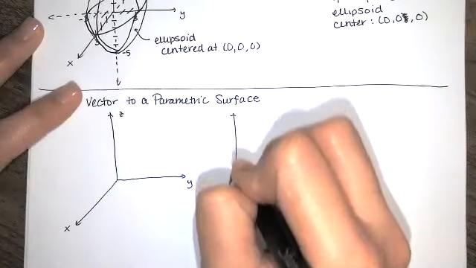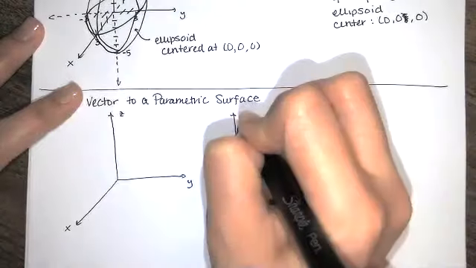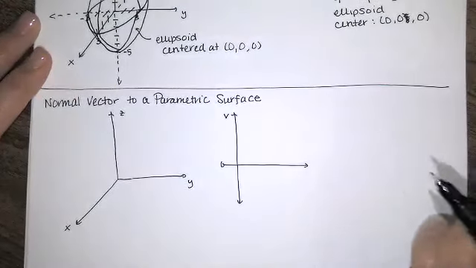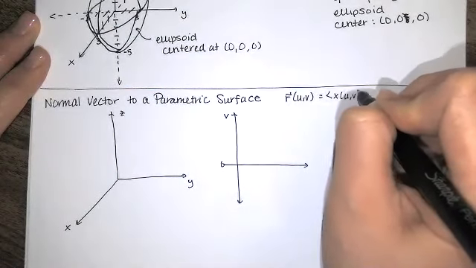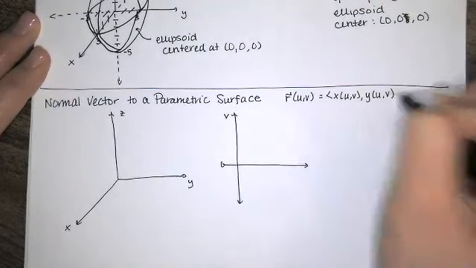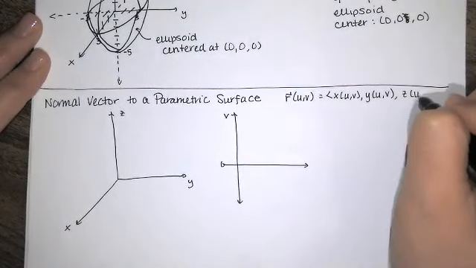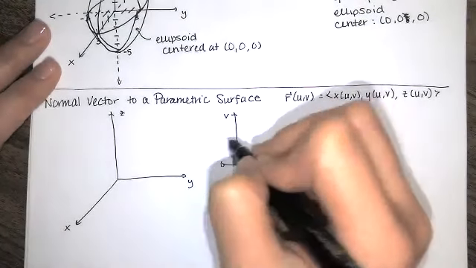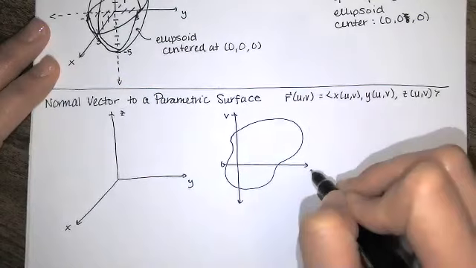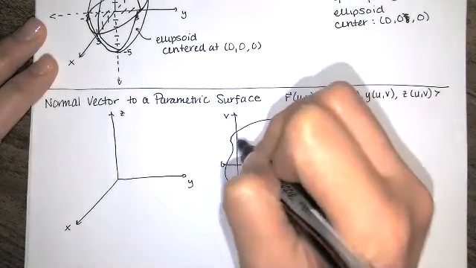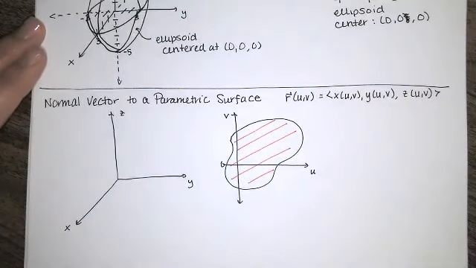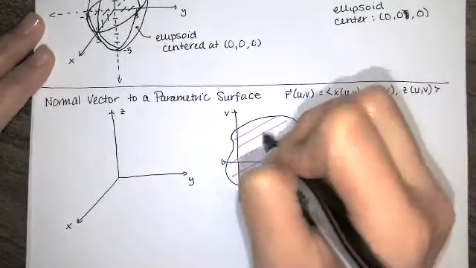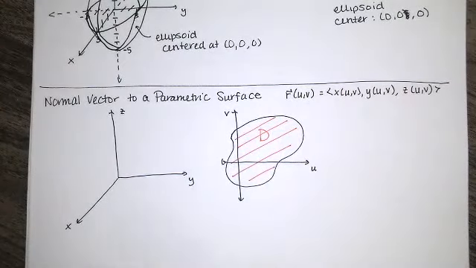Now let's say the domain of our parametric surface given by r of u and v with components x of u and v, y of u and v, z of u and v looks something like this. You've got some region in the UV plane. And that's your domain. Maybe we're going to use the label D for this. We've been using R for a region in the XY plane. We'll call D this region in the UV plane.